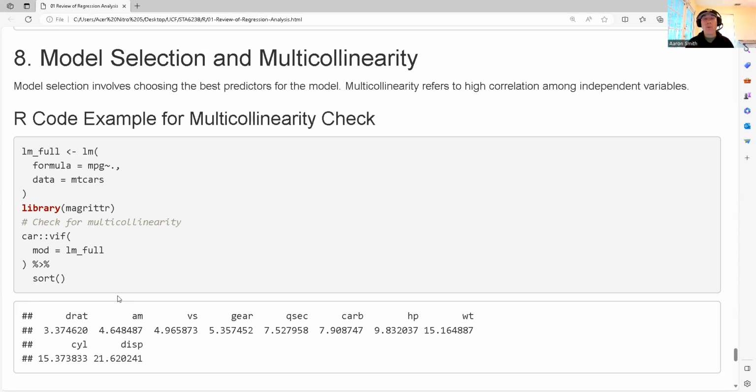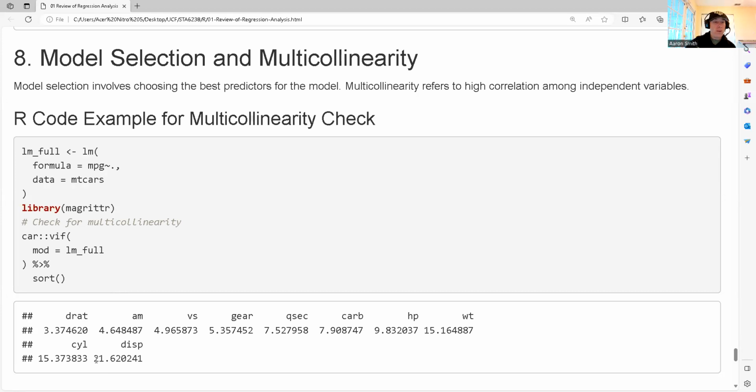So it might work out that this predictor variable is perfectly represented by these two when I have both of them going on, or these three, these four, something like that. Multicollinearity checks to see, hey, this variable right here, can I get rid of it? The bigger the variance inflation factor, the more I can get rid of it.